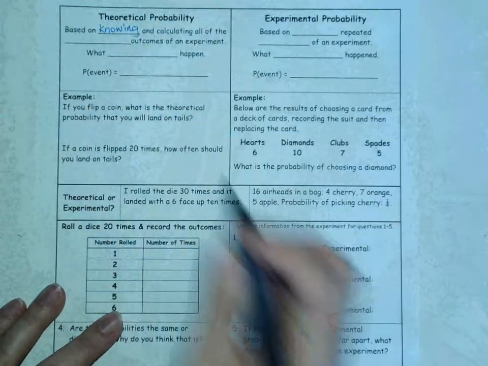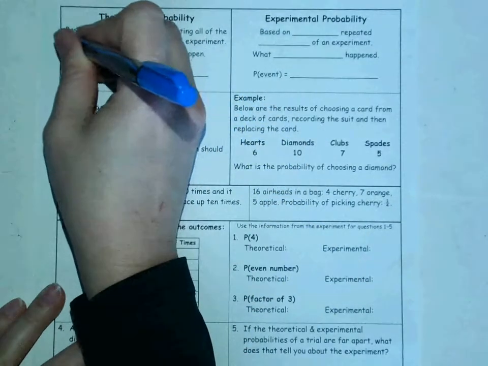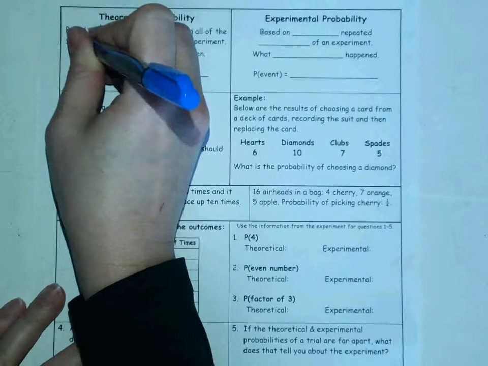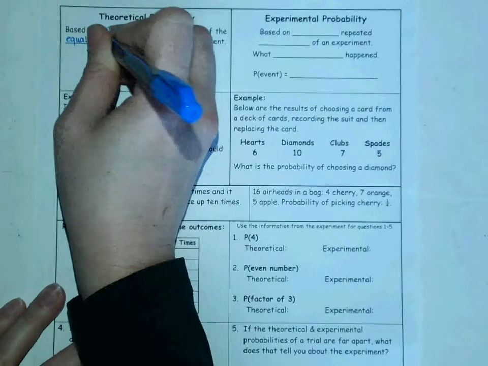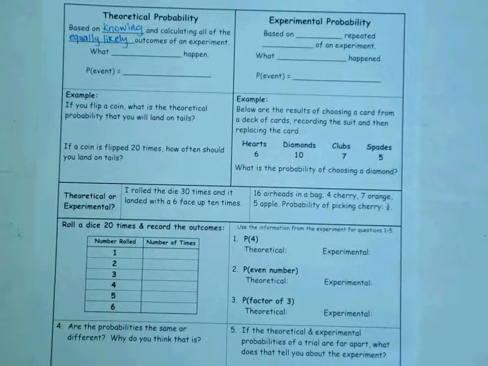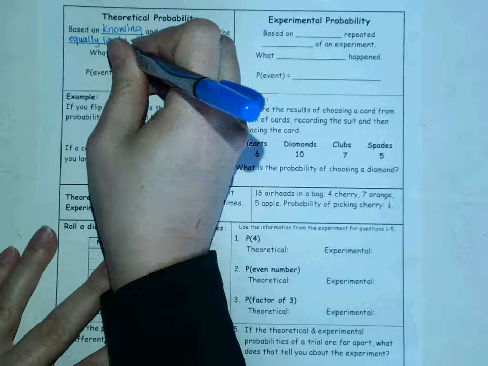Theoretical is based on knowing and calculating all of the equally likely outcomes of an experiment. Basically, it's what should happen.